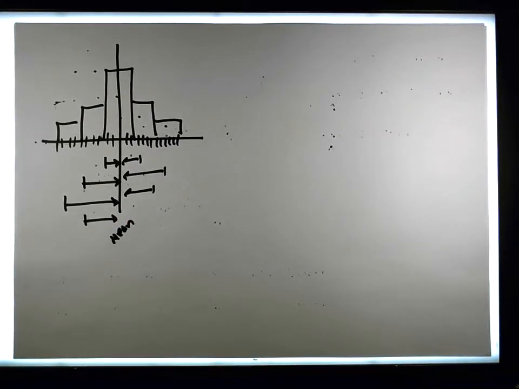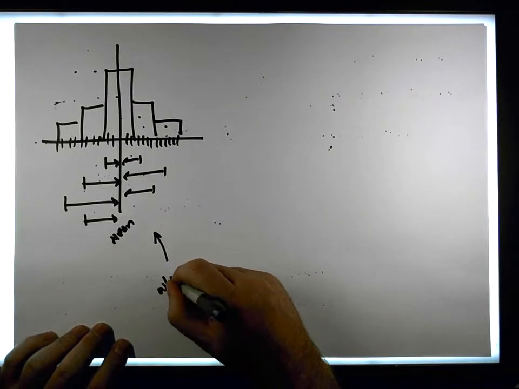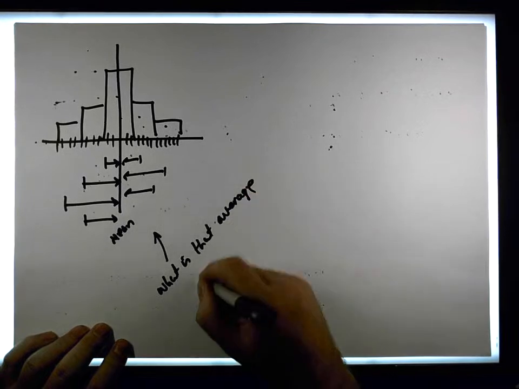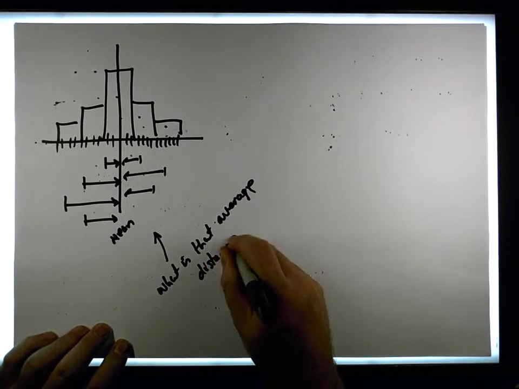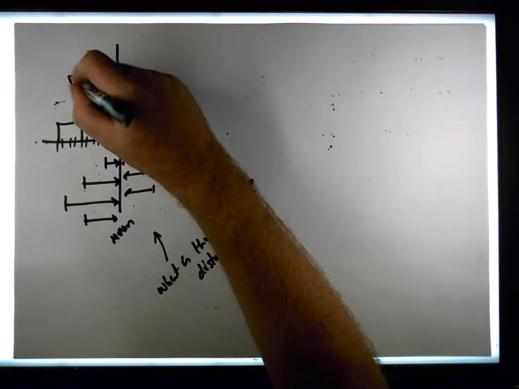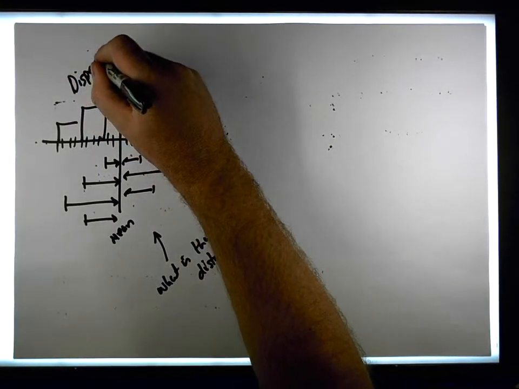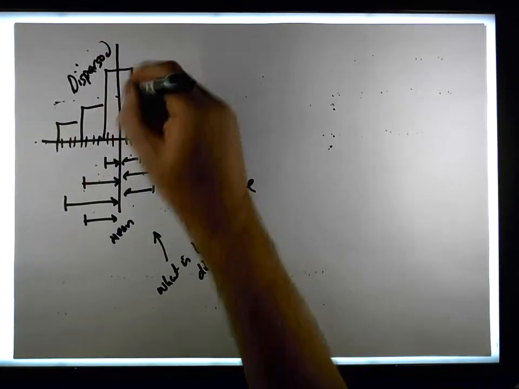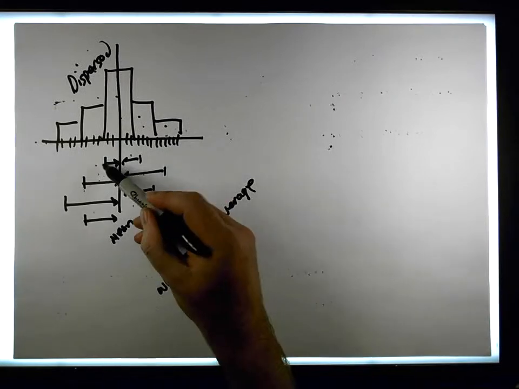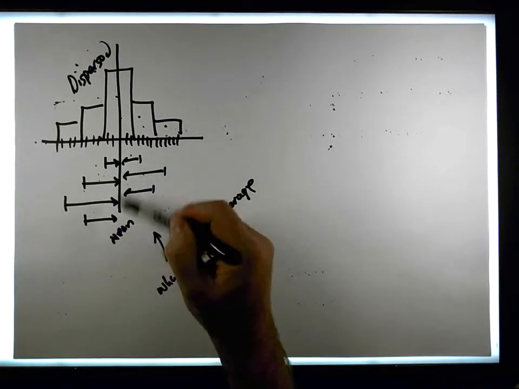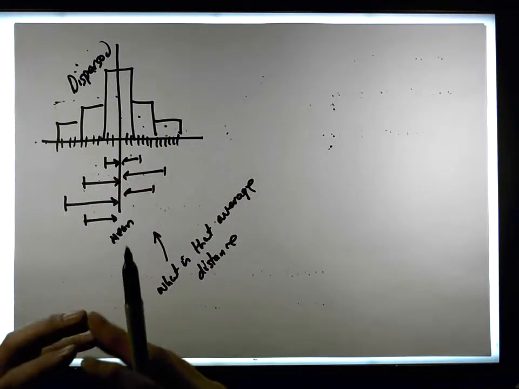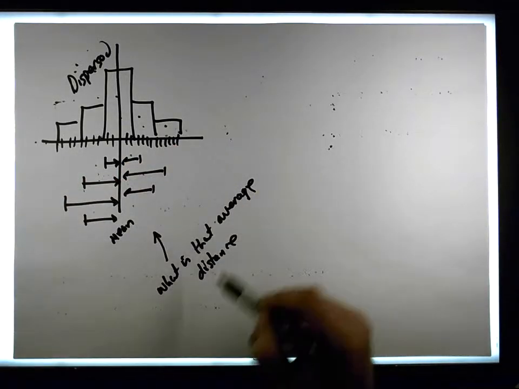What we're interested in is that average distance. Really, what I should have said is that people's responses are dispersed around the mean value, and that dispersion ends up with everybody being a distance from the mean. If we take all those distances and bring them together, we can calculate what's known as the average distance.